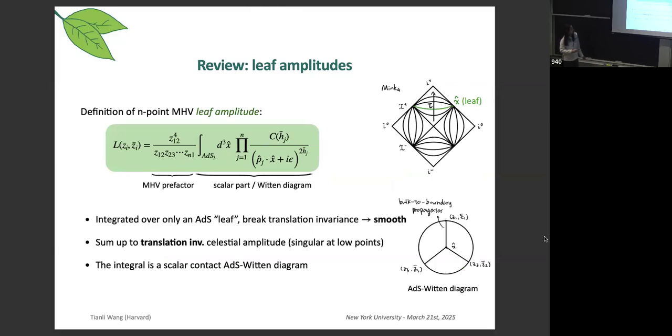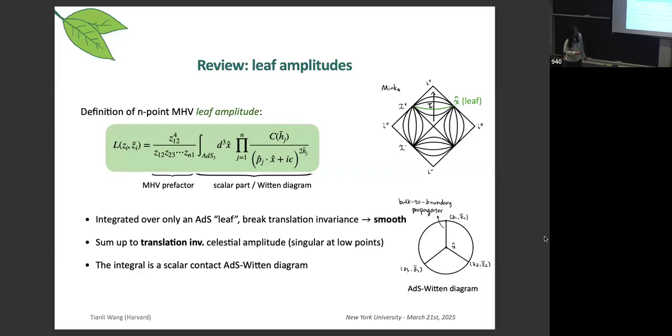So the third point I'd like to mention is that this integral, the scalar part, turns out to be exactly a scalar contact Witten diagram, because each of these factors in the product is just a bulk-to-boundary propagator in ADS, with the bulk point given by x hat and the boundary point by z bar, which are related to p hat.